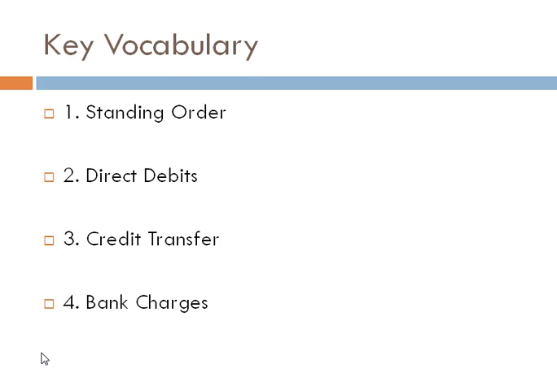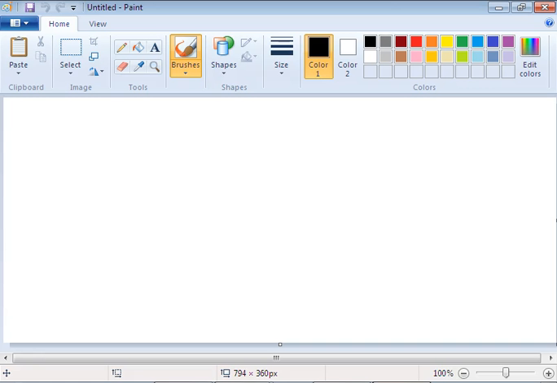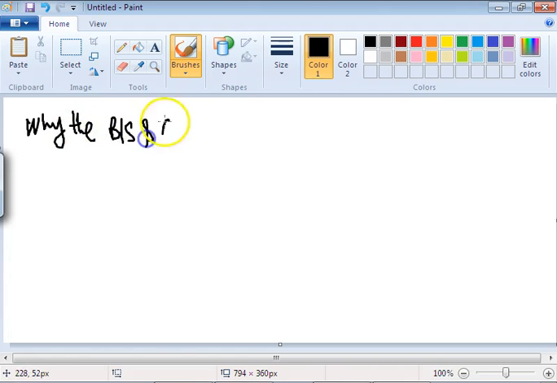So I think we're all happy with what a bank... Let me just go onto a normal written screen so I can do some writing and we can discuss these. Why the bank statement and cash book will not agree.